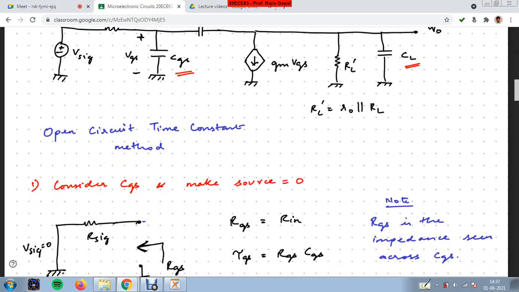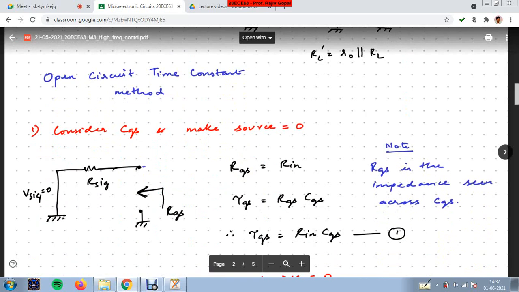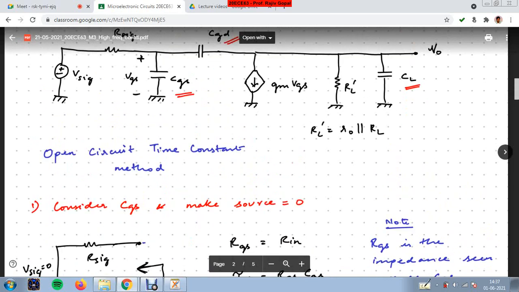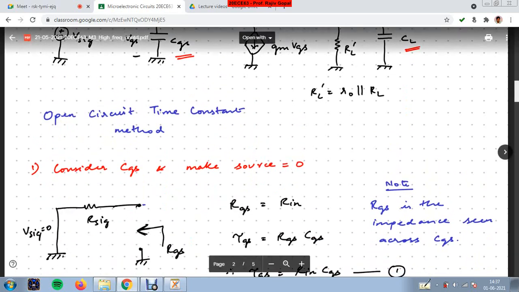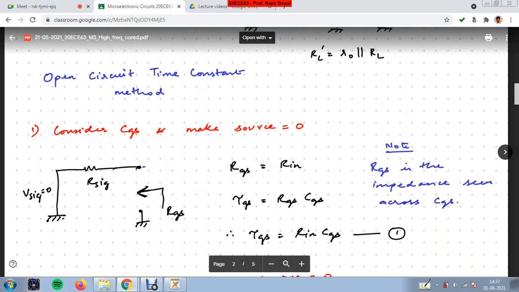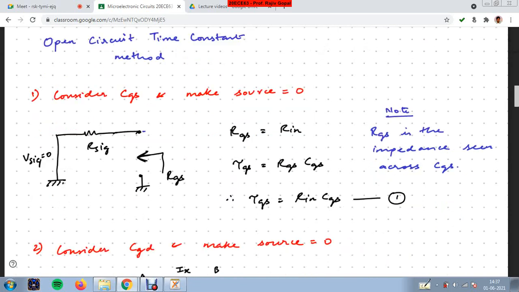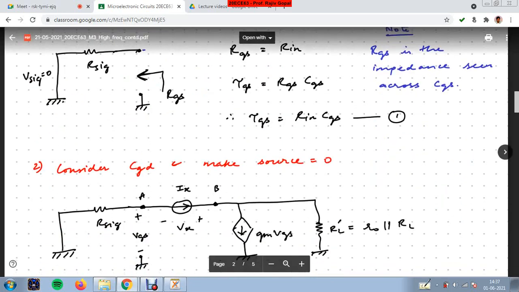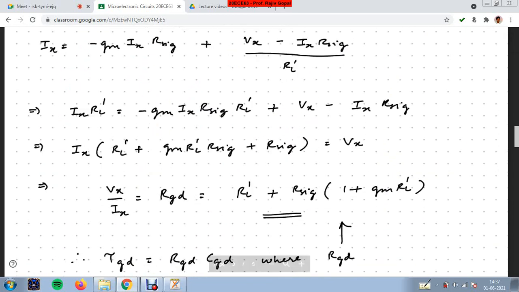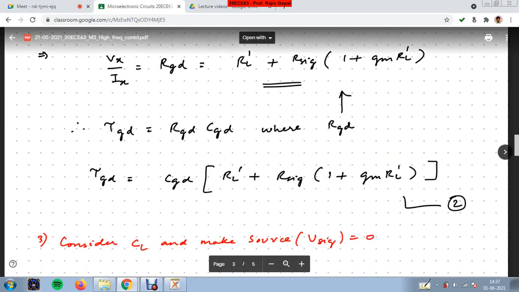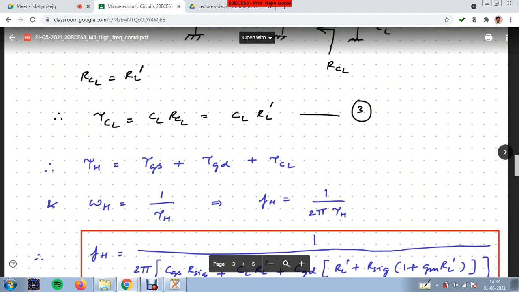So here first I've considered CGS, and I've made the source zero, so from this you get RGS. From that you get tau GS, which is RGS into CGS. Similarly you get tau GD, and finally tau CL.